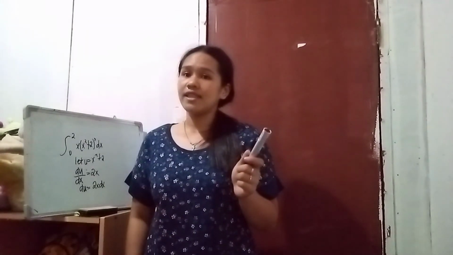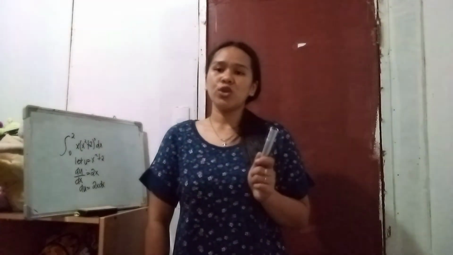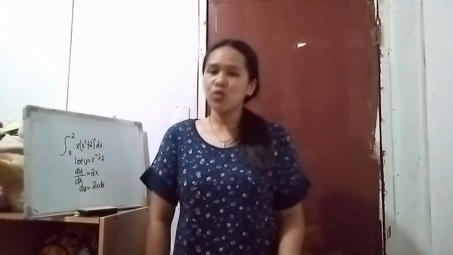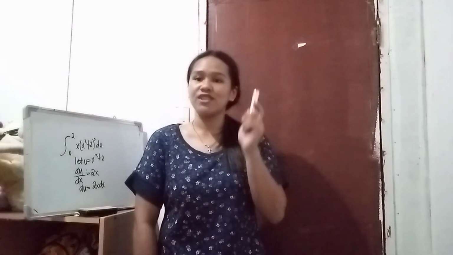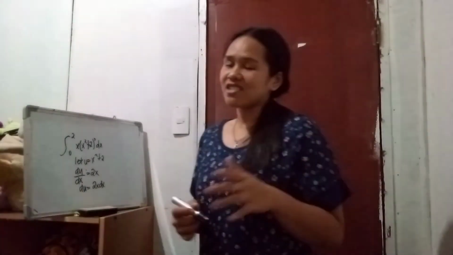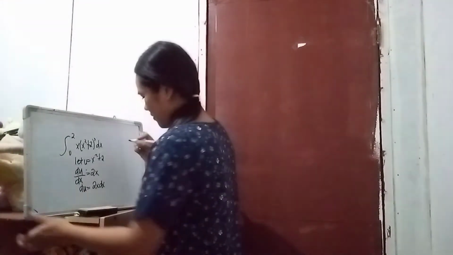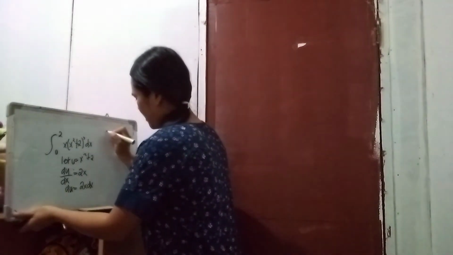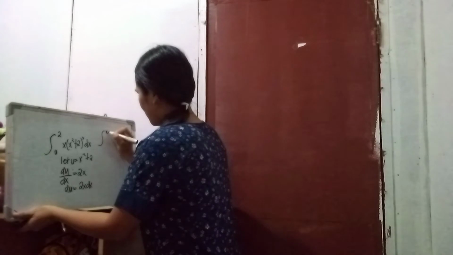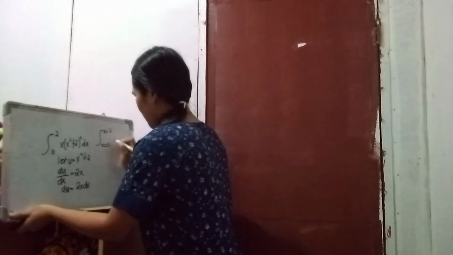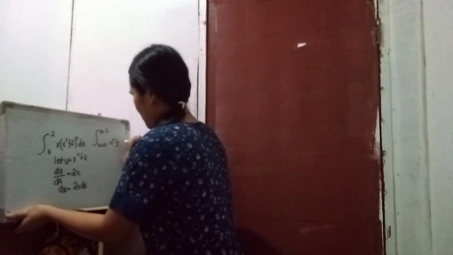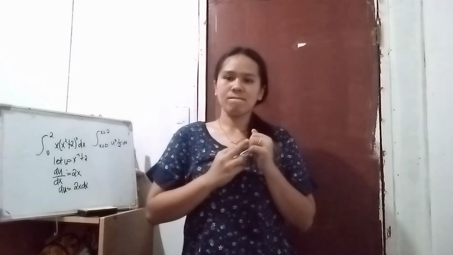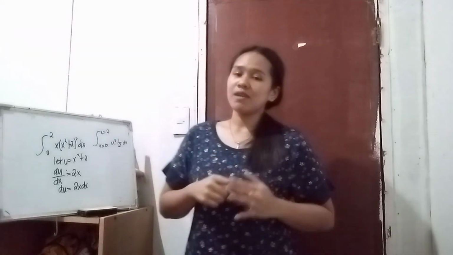Note that (x squared plus 2) cubed is my u cubed, and x dx is half of my du. So I'll write this as the integral from x equals 0 to x equals 2 of u cubed times 1 half du. Everything is the same as before so far.